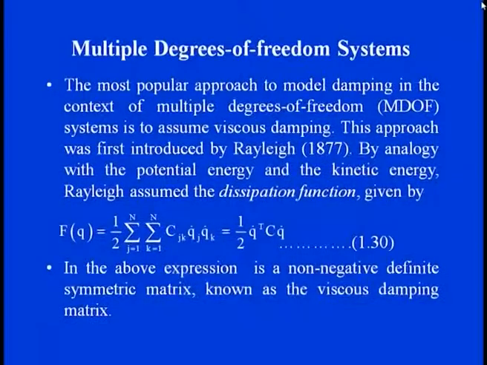And when we go to the third model, that is the multi-degree of freedom system, we know that in the multi-degree of freedom system, most of the popular models or approaches simply go with viscous damping. Even in 1877 Rayleigh gave the theory, considering the potential energy and the kinetic energy, and then they assumed the dissipation function in this form.